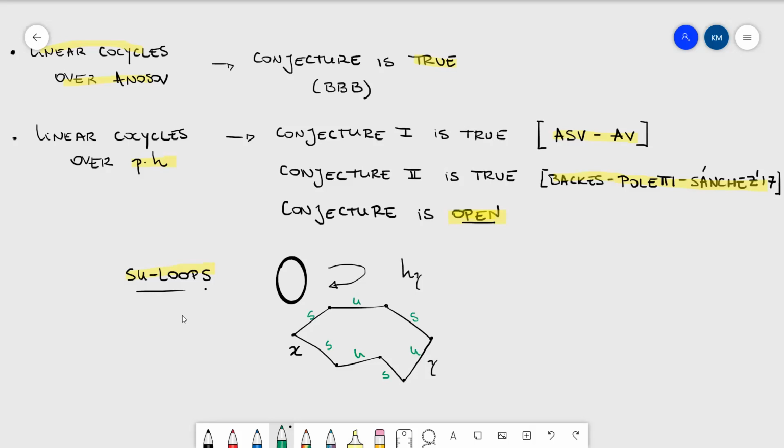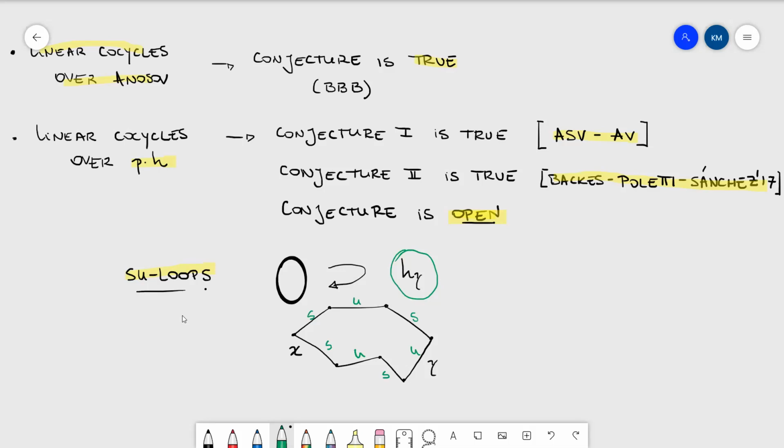So I'm saying that I have an SU loop if the SU path starts and finishes at the same point. This is the fiber. Recall that for the projective cocycle, I have a circle. And since I have holonomies along every one of these, I can take the composition of these holonomies and I'm going to define a general holonomy that starts and finishes in the fiber over x. And what you need to do is study these SU loops.